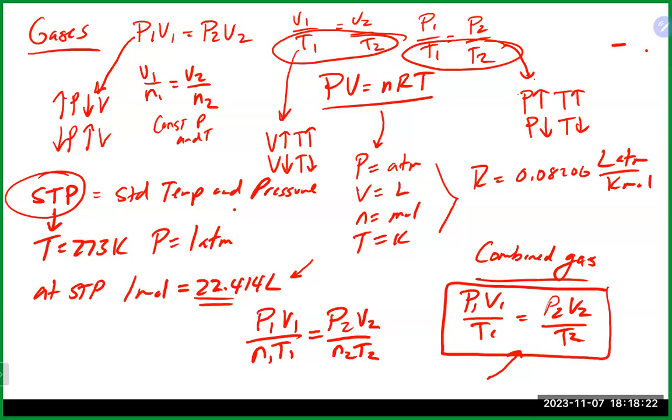That's because you can get all the other gas laws from that gas law. You basically just scratch out what is not given to you, what's being held constant in that particular problem. So if there's no mention of moles or temperature, you just scratch it out and you have Boyle's law.